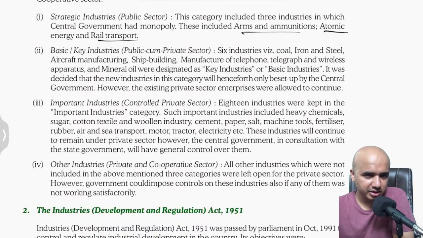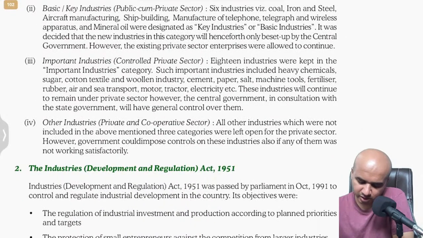Iron and steel, aircraft manufacturing, shipbuilding. These were all key industries. The central government started all the new industries in this, and only the existing enterprises in these industries were allowed to continue. A very bad decision, but that's what the government thought fit back then.